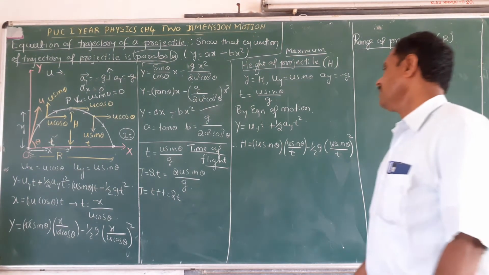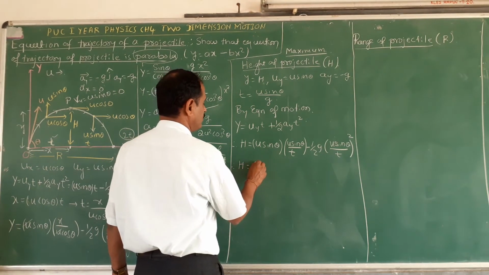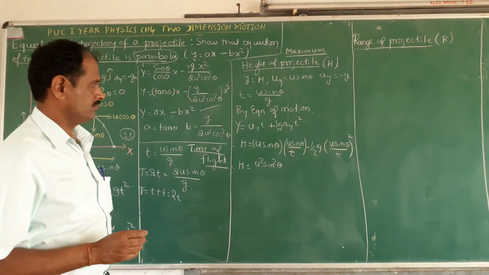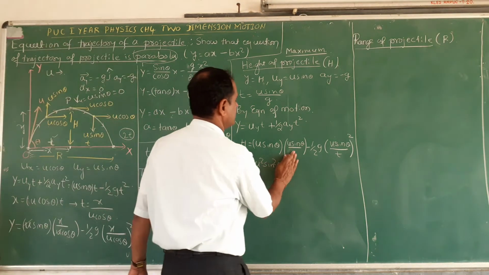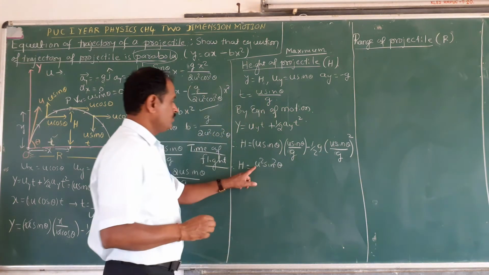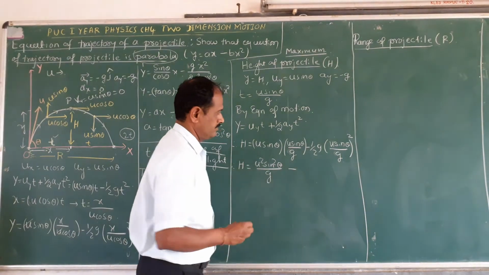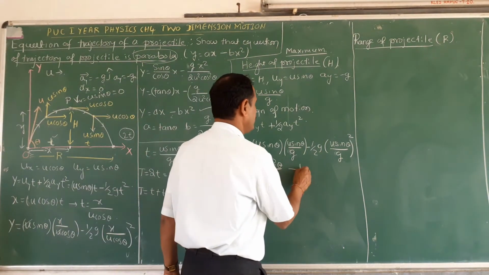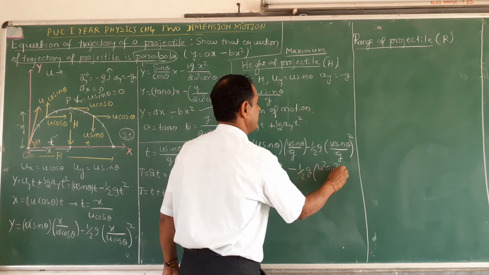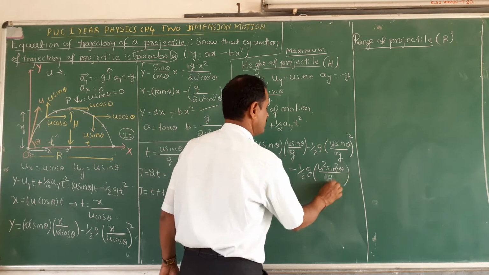Now what do you want to see here? Therefore h is equal to u square sin square theta divided by g, minus 1 by 2 g, u square sin square theta divided by g square.